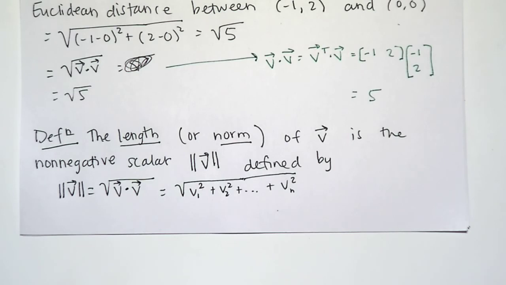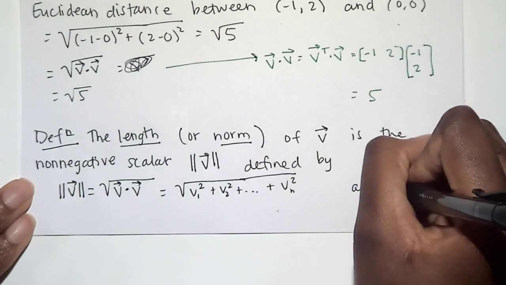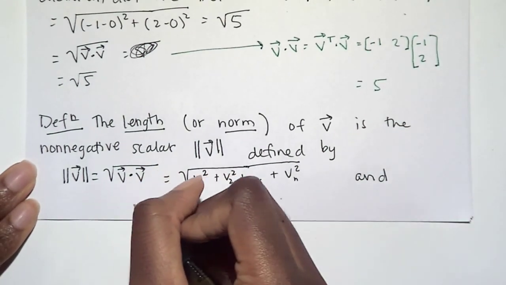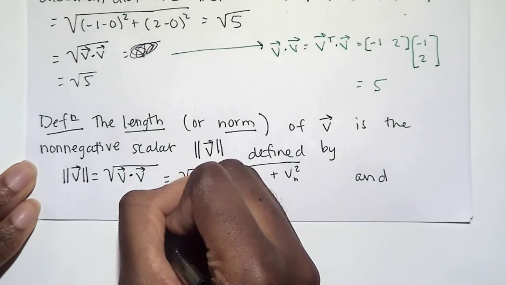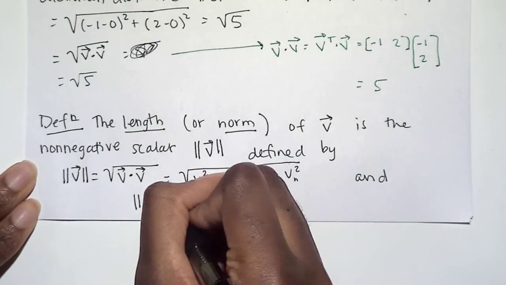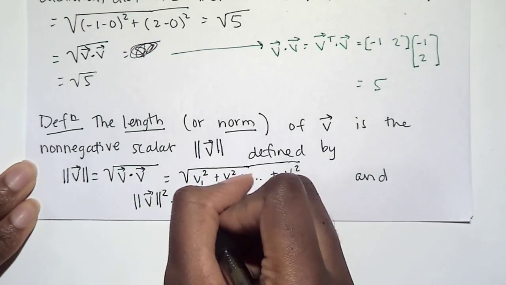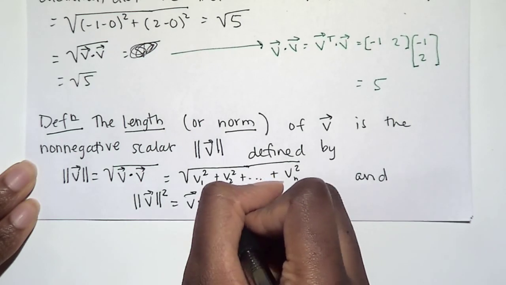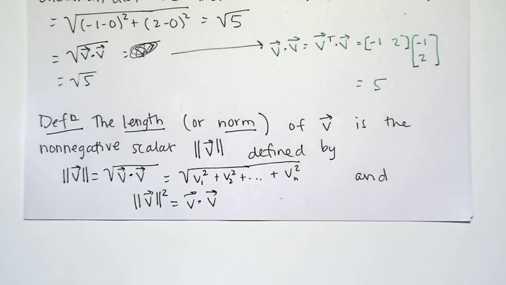Also, something to note is that if you square the norm, you just get the dot product. All right, so in the next video, we're going to talk about what a unit vector is.